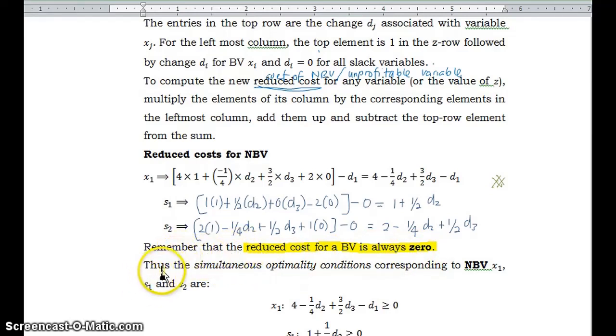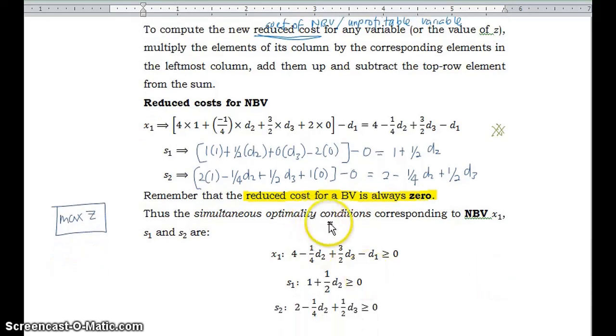Now, let's determine the simultaneous optimality condition for the TOYCO problem. Since the objective of this problem is to maximize the revenues, the coefficient of each NBV in row 0 must be non-negative.